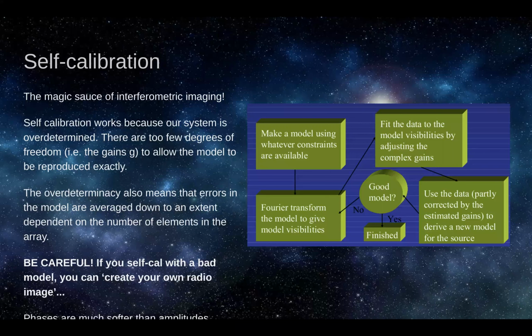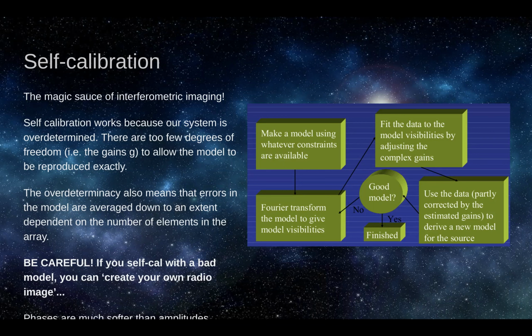So self-cal is the other magic source of interferometric imaging. Self-cal works because our system is actually a little bit overdetermined. There are fewer degrees of freedom than there are parameters in the model that we need to reduce. So you make a model using whatever constraints are available, and you Fourier transform it to give you the model visibilities. Then you fit the data to the model visibilities, which gives you the complex gains.